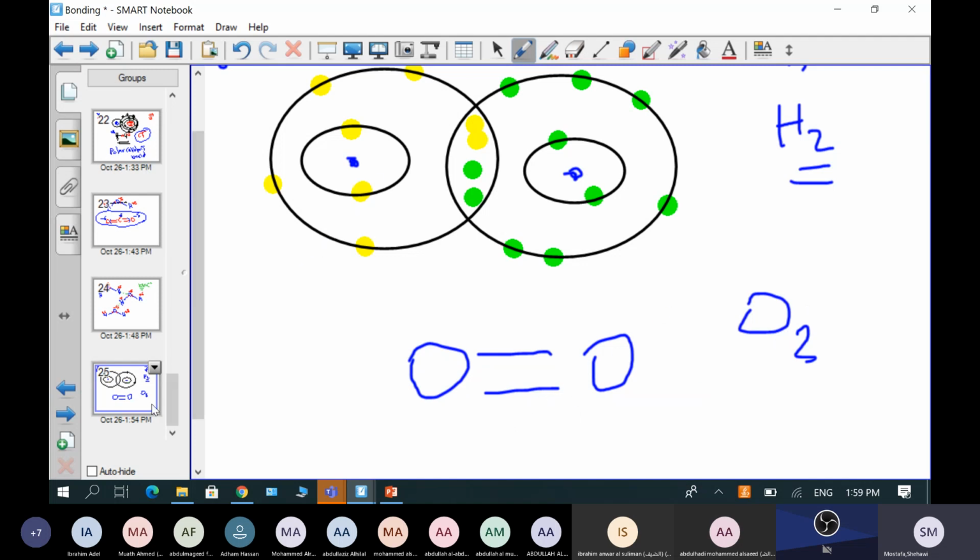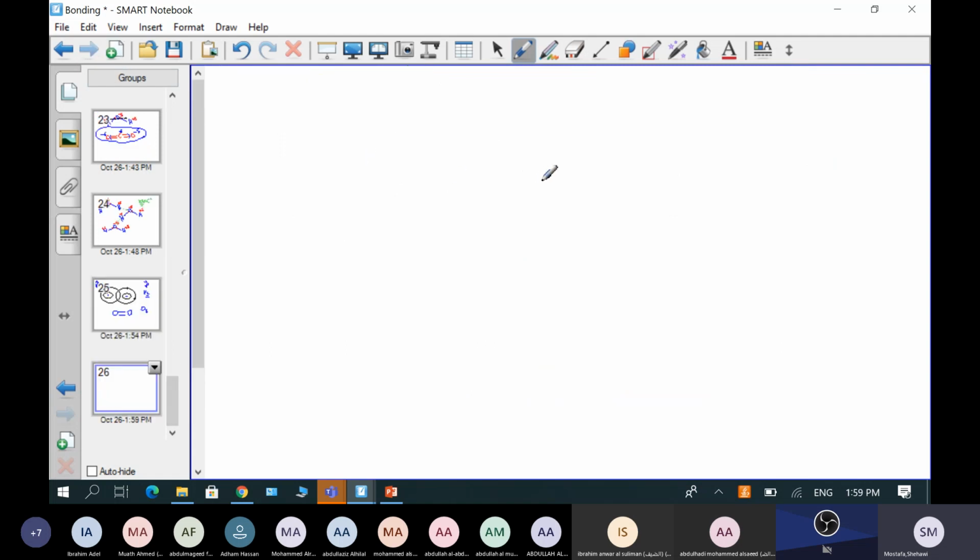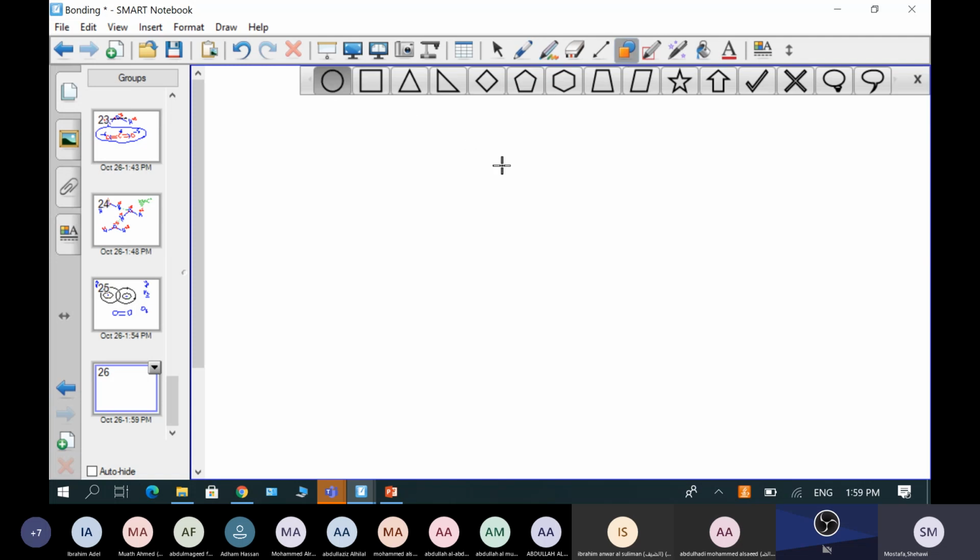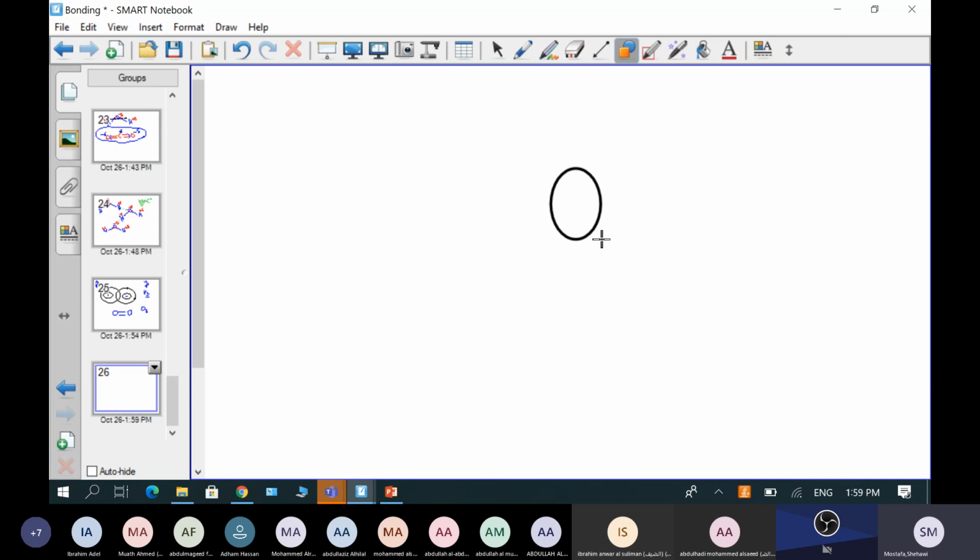If we make another example, for triple covalent, I will just draw directly the overlapping of 2 atoms of nitrogen. Nitrogen has 5 electrons in the outermost energy level. This is the first energy level, and this is the second energy level.